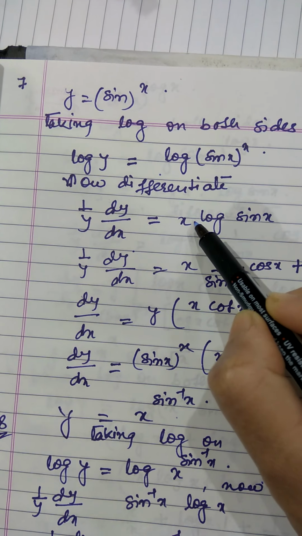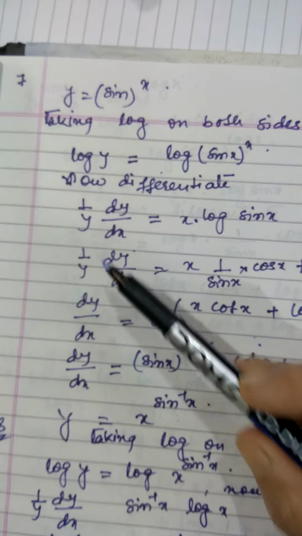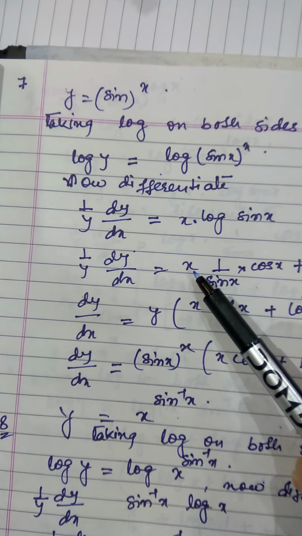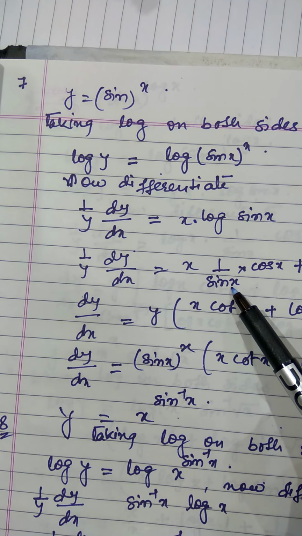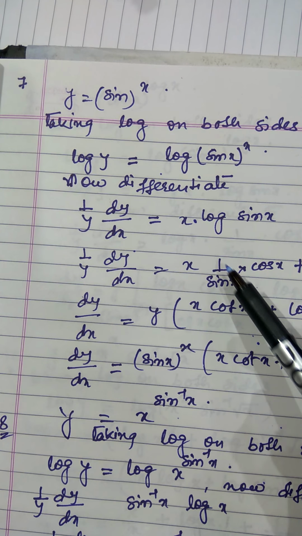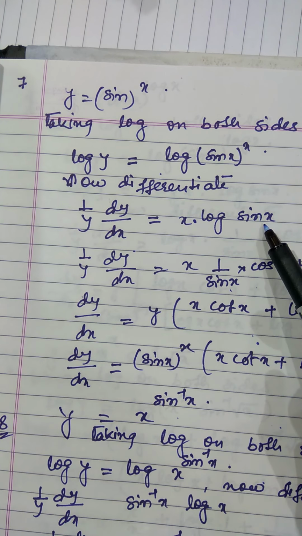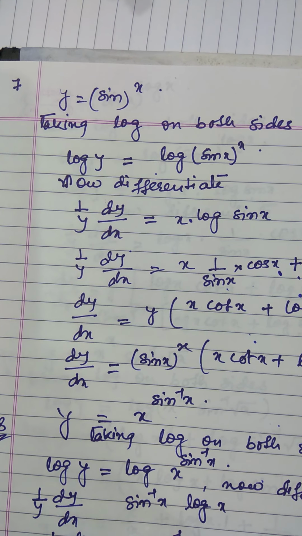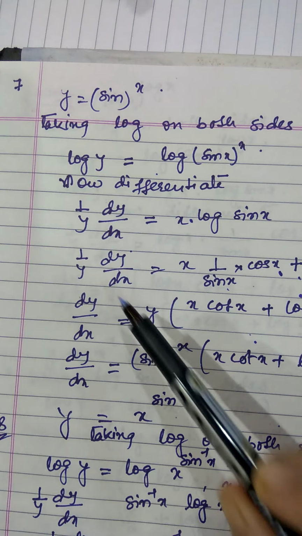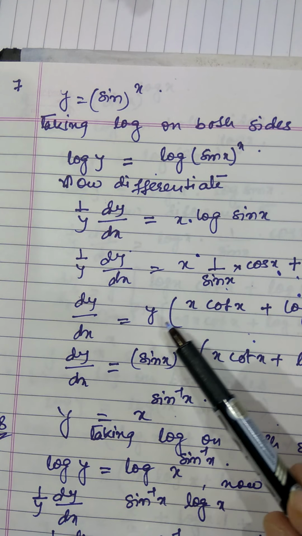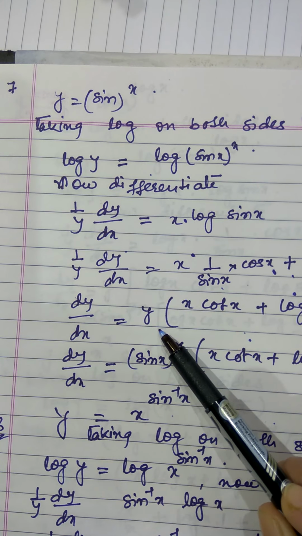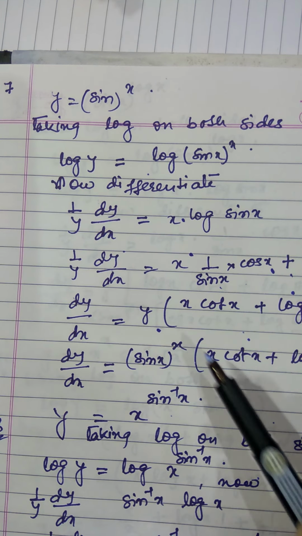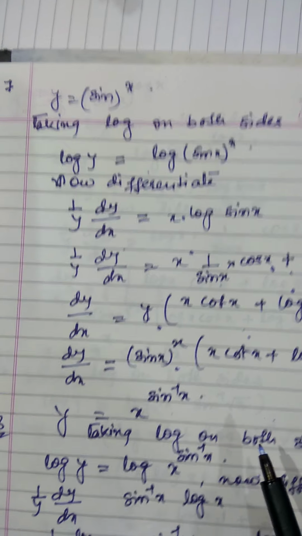Now apply product rule here. 1 upon y dy by dx is equal to first function into derivative of second. That is, the derivative of log sin x is 1 upon sin x and the derivative of sin x is cos x, plus log sin x. And now cross multiply y here. So dy by dx is y into (x cot x plus log sin x). And now substitute for y.